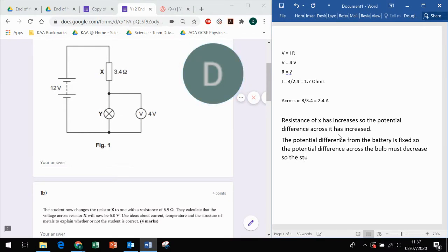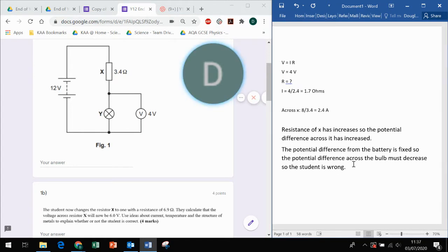So the student is wrong. Now that isn't enough, but that's the basic idea. This has a higher resistance, so it's going to get more volts. This is going to get less volts. So what else is going on?